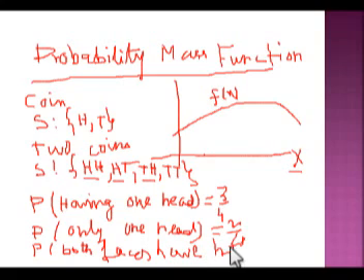Then there is only one possibility, and this is just head-head. So this is 1 by 4.